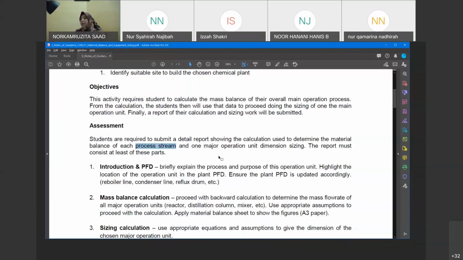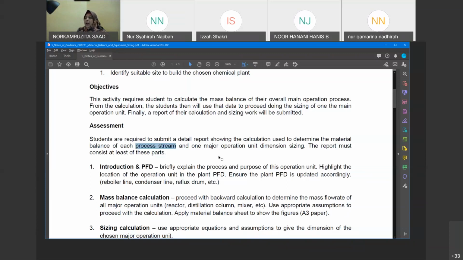For example, you can have the name of the ethanol unit or column or whatsoever, but the name is actually distillation column. Same thing with the gas absorption column. They may use the word separator, but the name is actually gas absorption column, or the distillation column. So get to know your major operation unit very well.